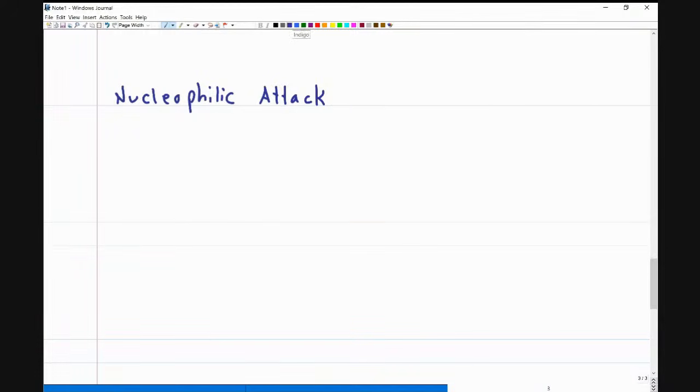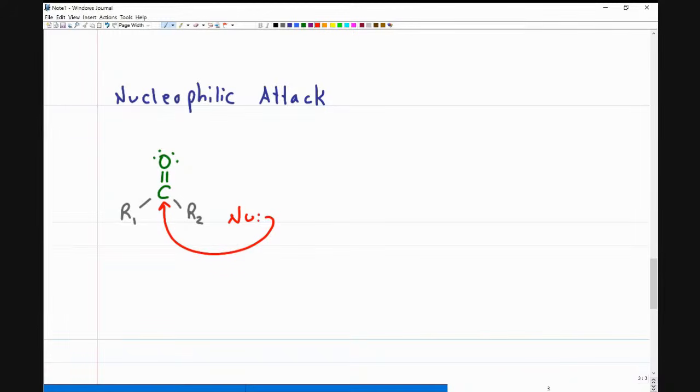So for a direct nucleophilic attack, we have a carbonyl, which you should remember has a partially positive carbon. Any nucleophile can come in, assuming it is strong enough. And for the sake of this reaction, let's show this as R1 and this as R2. The nucleophile will use its negative or partial negative electrons to attack the carbonyl carbon.